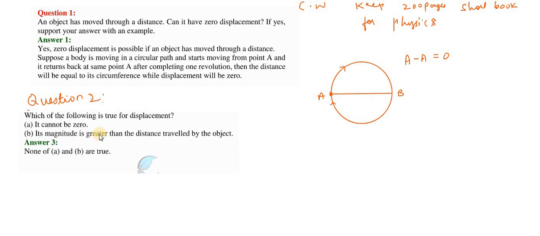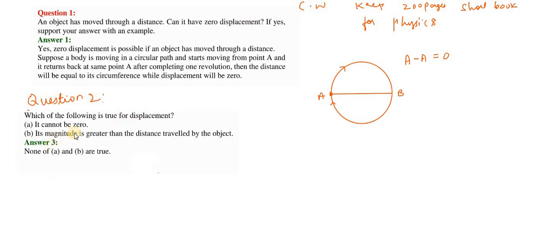So this is question number 2. Which of the following is true for displacement? It cannot be 0. Its magnitude is greater than the distance traveled by the object. For this, neither A nor B is true. Why? Because it can be 0.